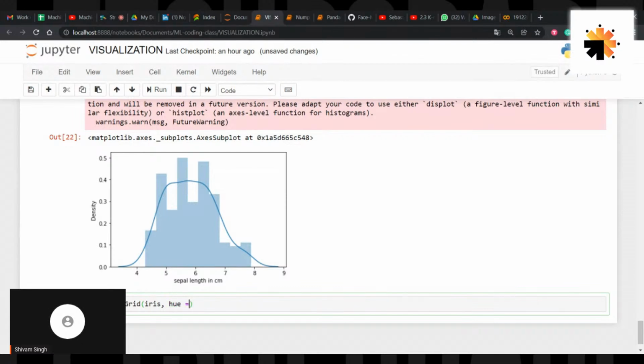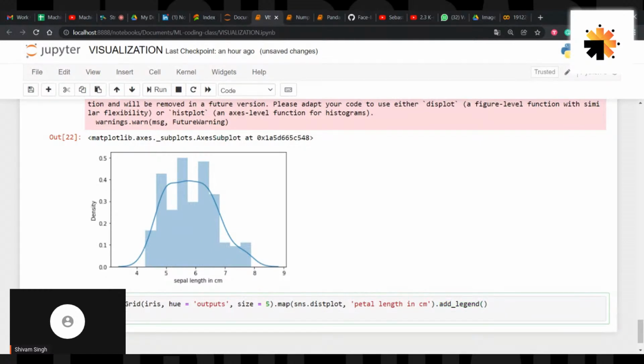Then inside this I can give the output, then size maybe 5.